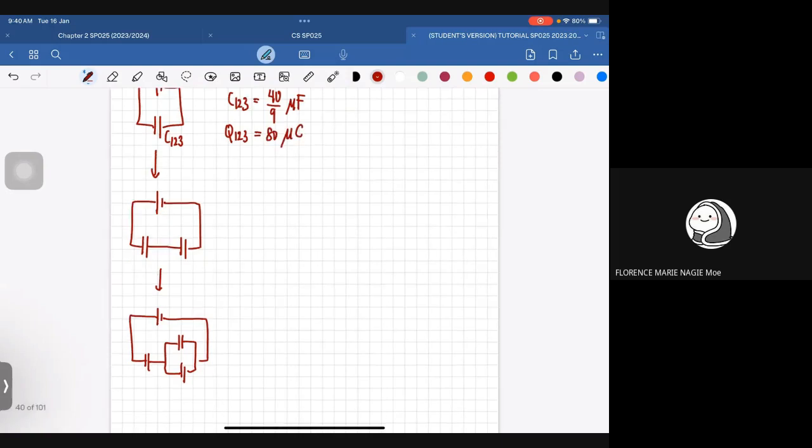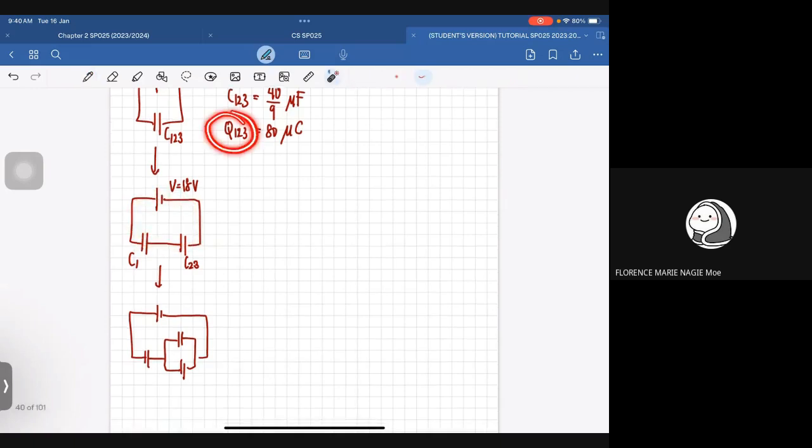Okay, and then kita check balik. Untuk yang ini, apa yang kita tahu? Kita tahu V masih 18 volt lah. So, yang ini C1, ini C23. Okay, so untuk yang ini, since connection yang ini is in series, the charge here, Q123, kita tahu akan equal dengan Q1 as well as Q23, which is equal to 80 microcoulomb lah.